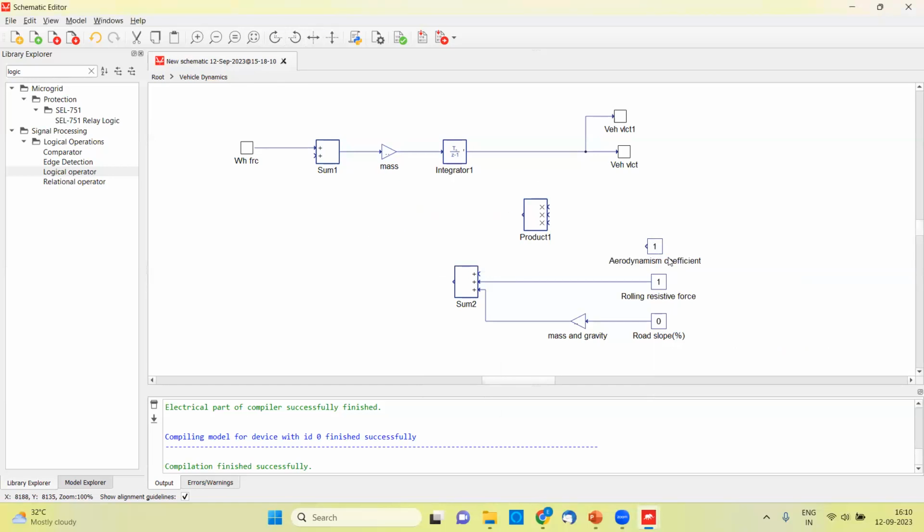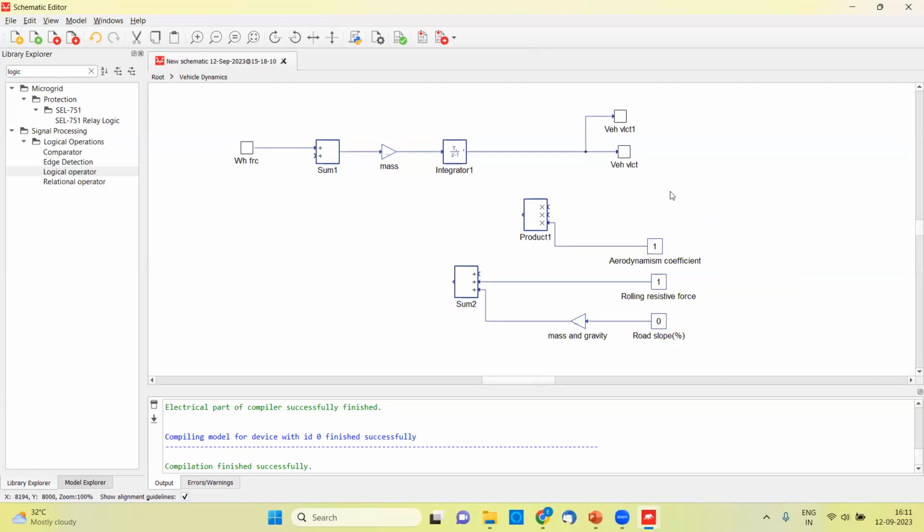So instead of using a constant aerodynamic force, we are actually calculating the aerodynamic force, because when the vehicle is moving, there will be some interaction with the wind, and the air will be passing through, and we are taking that into consideration. How to model it mathematically, that we have taken into consideration.